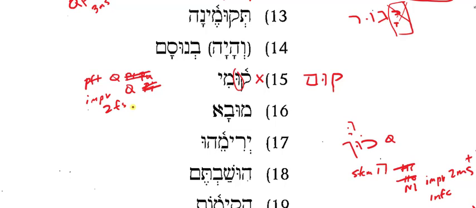Okay, so, go ahead. Is there anything other than the stress on the qof to tell you that it's not an infinitive construct with a 1CS pronominal suffix? Okay, yes, good question. The stress matters here. That's right. So let me make one comment about this verb form, and then I'll talk about that infinitive problem. This is Qumi. How many of you have seen that word in your English Bible, not in the Old Testament, but in the New Testament?